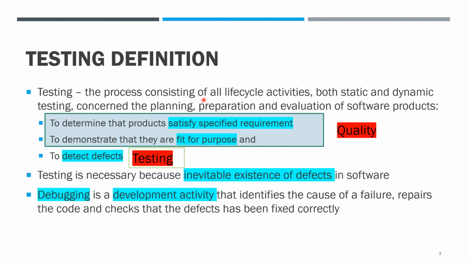It's actually referring to processes, not only one, consisting of all life cycle activities, from planning, test analysis, test design, test implementation, test execution, and closure. Okay, for both static and dynamic testing.